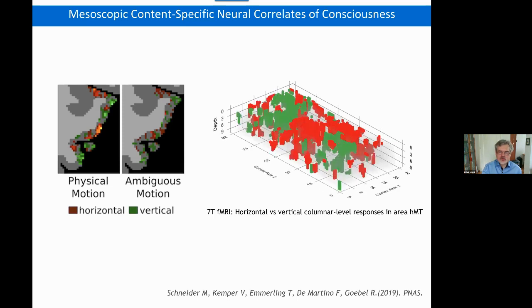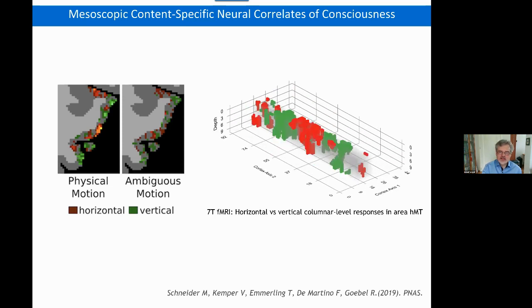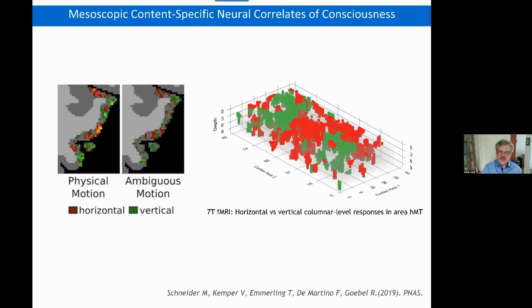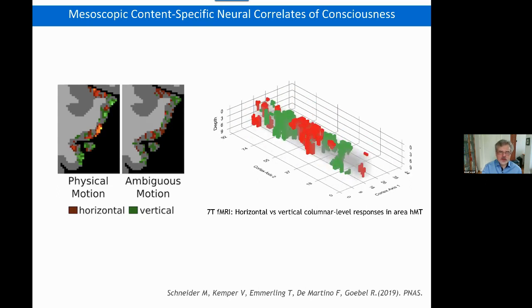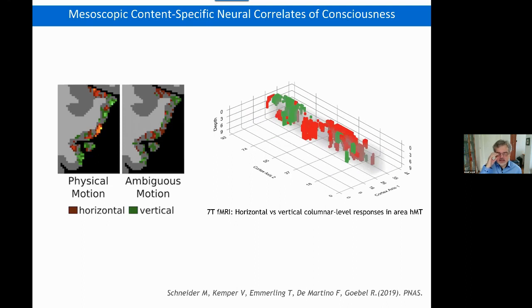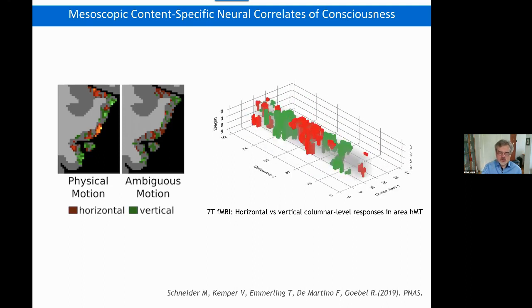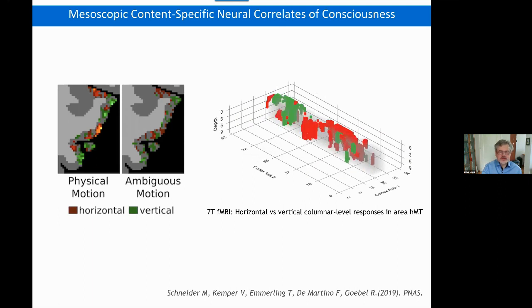The right side shows that also our clusters usually showed quite nice vertical consistency in depths. So we kind of revealed, again, columnar organization within MT for these two opposing motion directions.